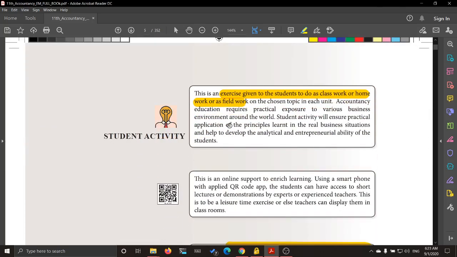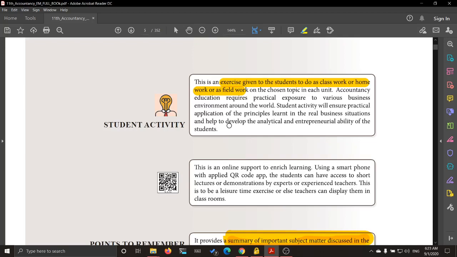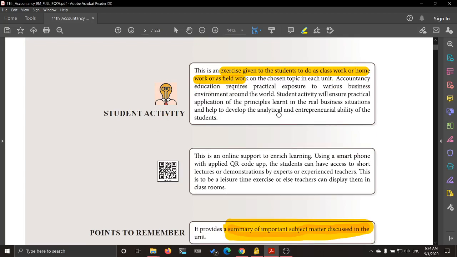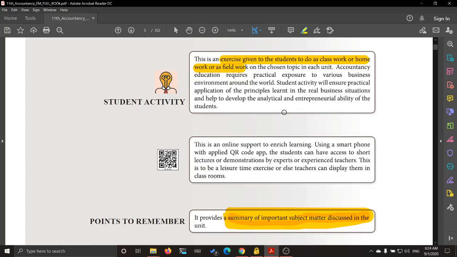And finally, some activities also they have given in the form of field work or at home. You can go home and do it as homework or even in the class itself. Now, the main reason for this activity is that you have to apply the principles that you have learned in the classroom, so that you are able to visualize, think and imagine yourself how you will use these particular concepts that you have learned.